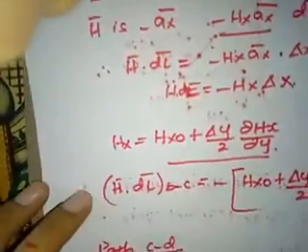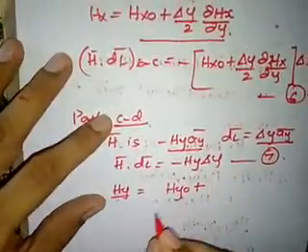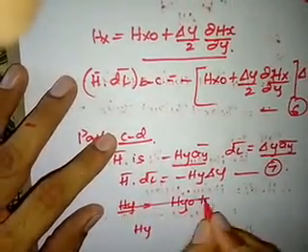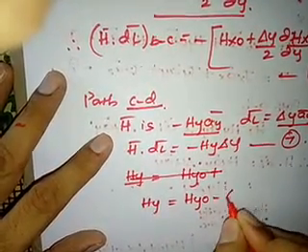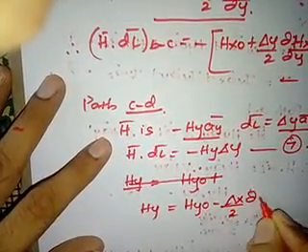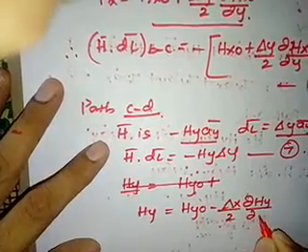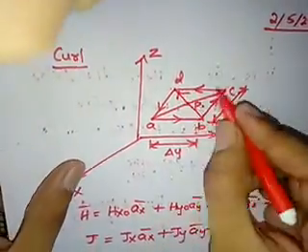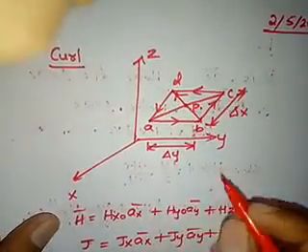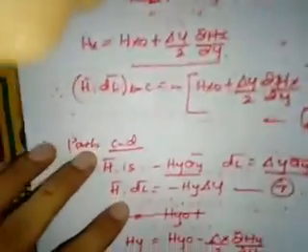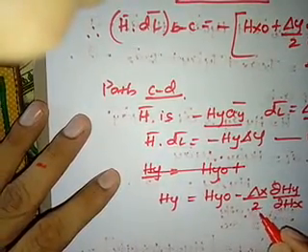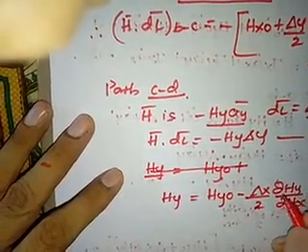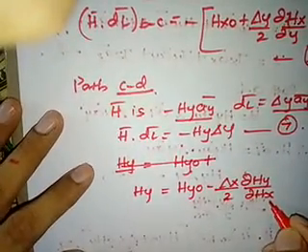So this is hy naught, so hy is equal to hy naught minus delta x by 2 dou hy by dou x, that is the component of rate of change of hy with respect to x.